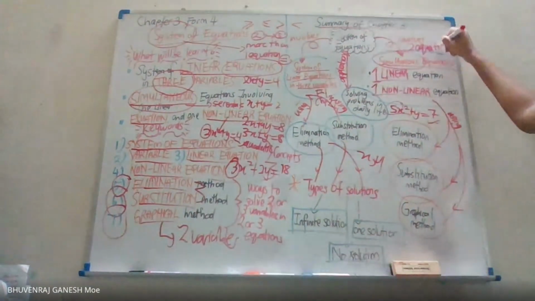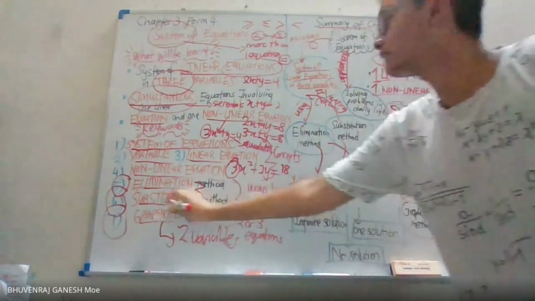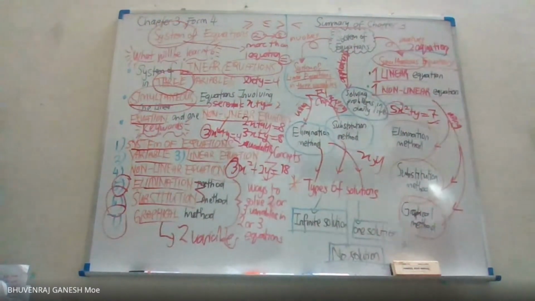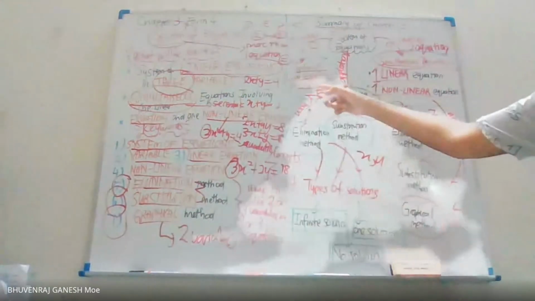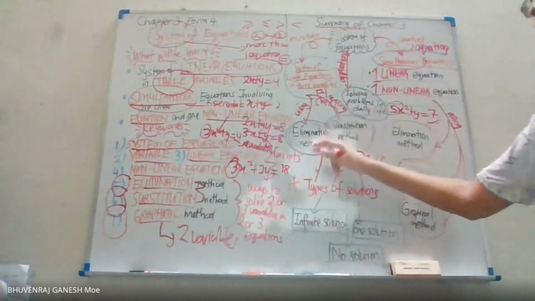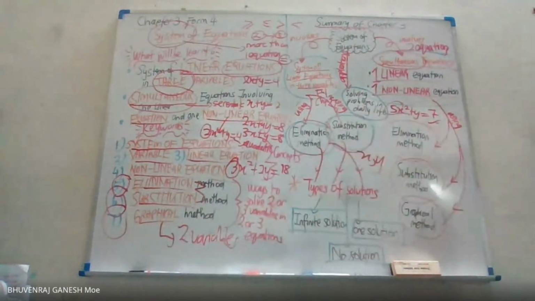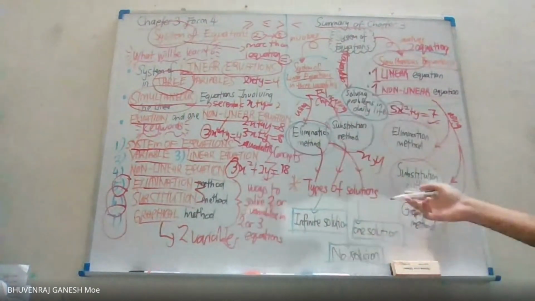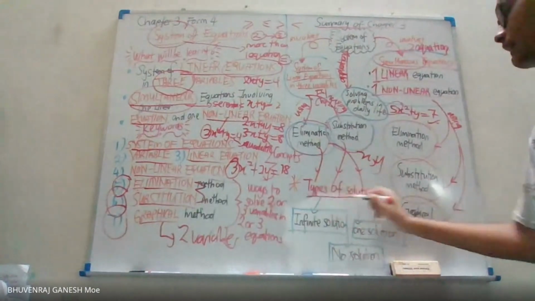So this is where you apply your substitution and elimination. And then this linear equation in three variables can only be solved using elimination and substitution. Only these two. This is what the exam might ask, but usually the question is open. Just solve it.